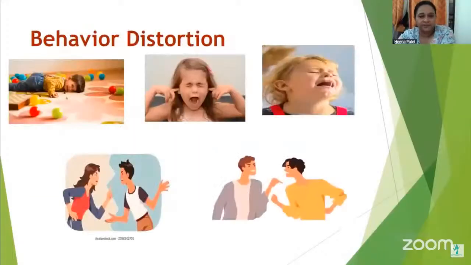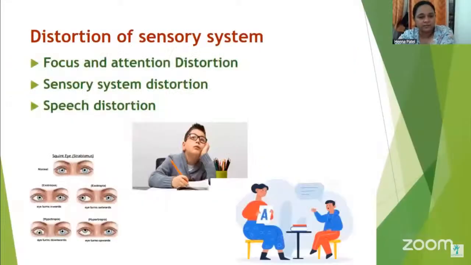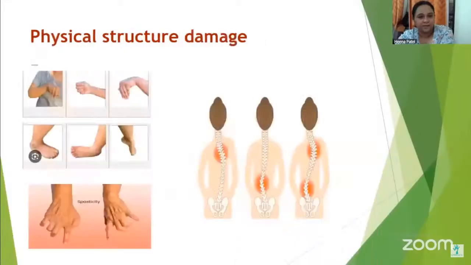Behavior distortion looks like this, and we all know it. Distortion in the sensory system: in many children we find eye issues, and sometimes children are not attentive. All these things happen in the sensory system. At the physical level, structure can be destroyed in this way.